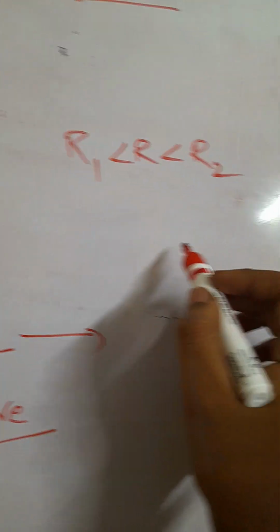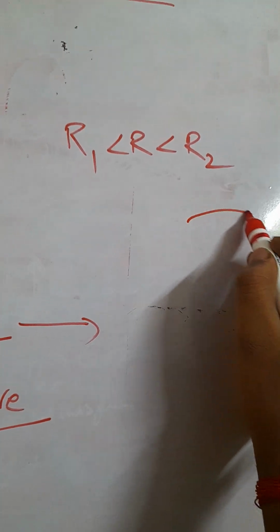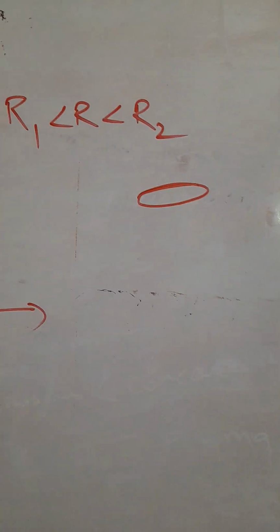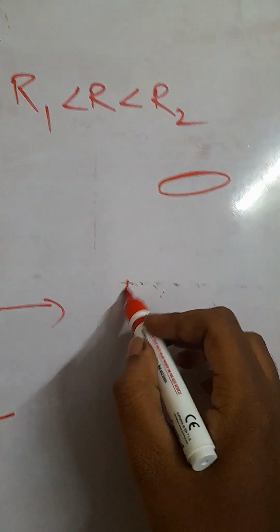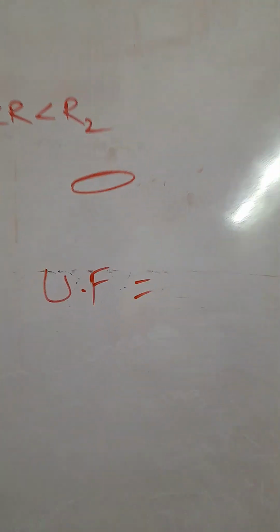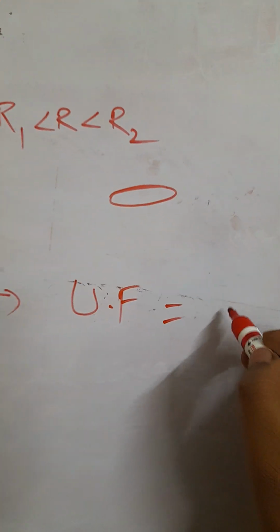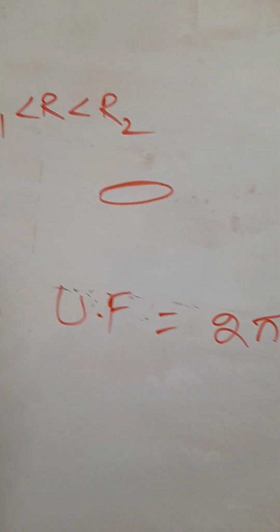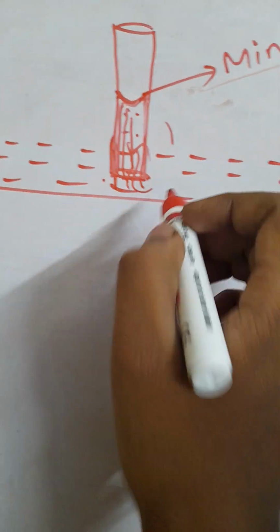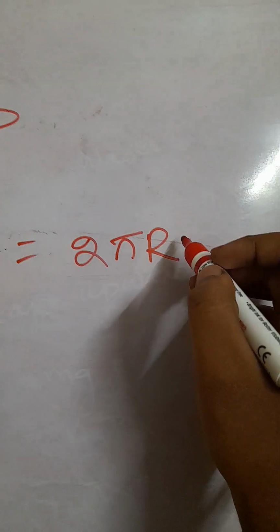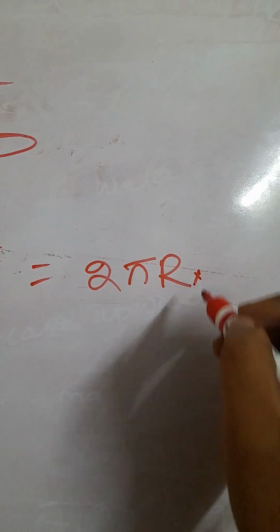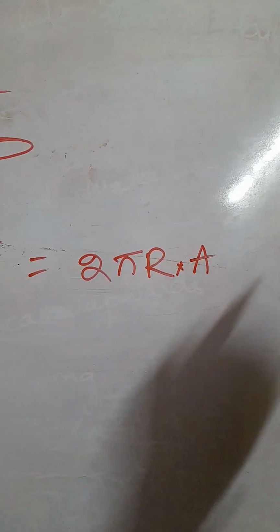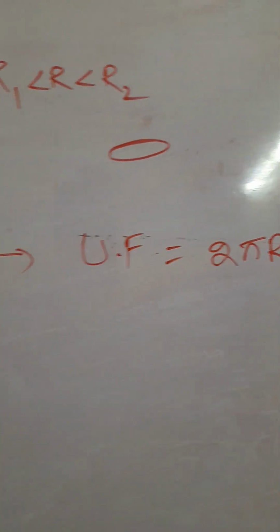If we take the circumference of the glass tube at any point, it would be just like a circle. So let's take the upward force UF equal to the circumference of a circle, which is 2 pi r, where r is the radius of the tube, into a force which is responsible for moving the liquid upwards. Let's consider it as capital A. It is adhesive force. This is the upward force.